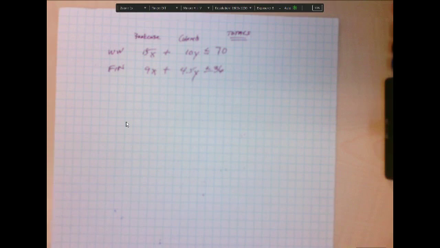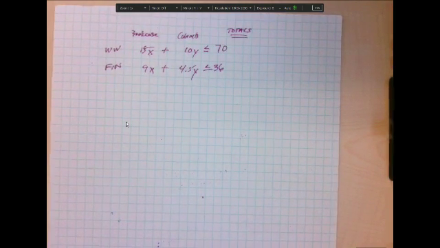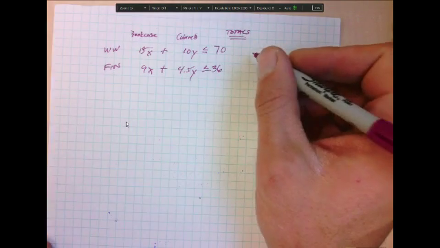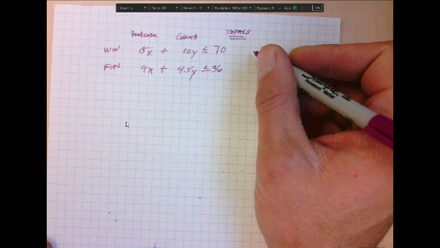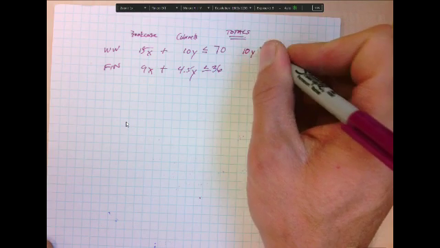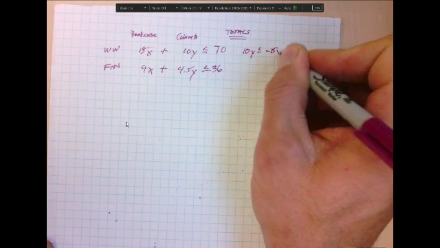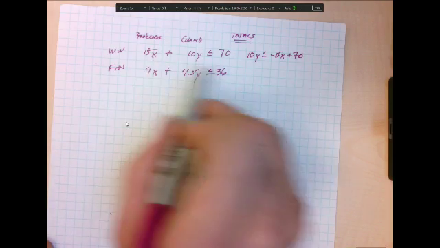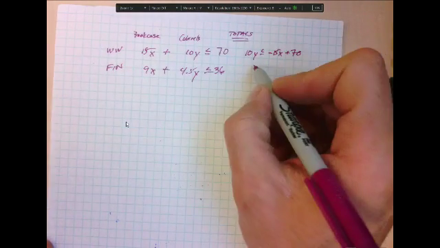Do you want me to work it through with you? Yes. Okay. I'm going to rewrite them in y is less than or equal to. So subtract 15x over and then divide by 10.